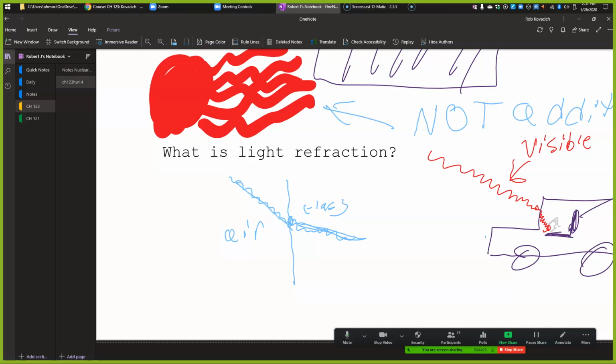So are we okay with me saying that that's light, the gray stuff? Sure. It's not visible light, but it's still light. It's still part of the electromagnetic spectrum. So that energy comes off of there as infrared light.